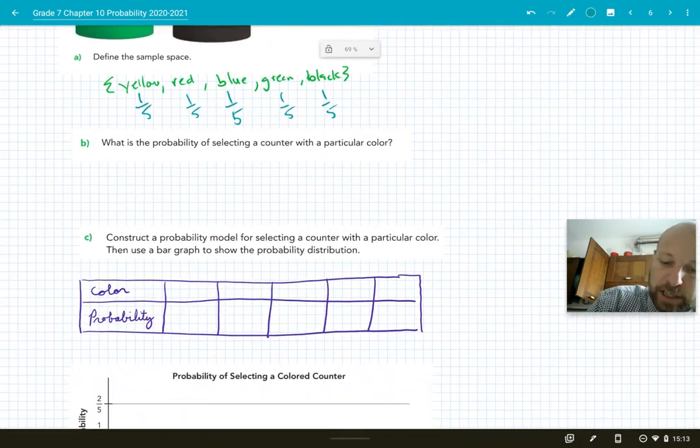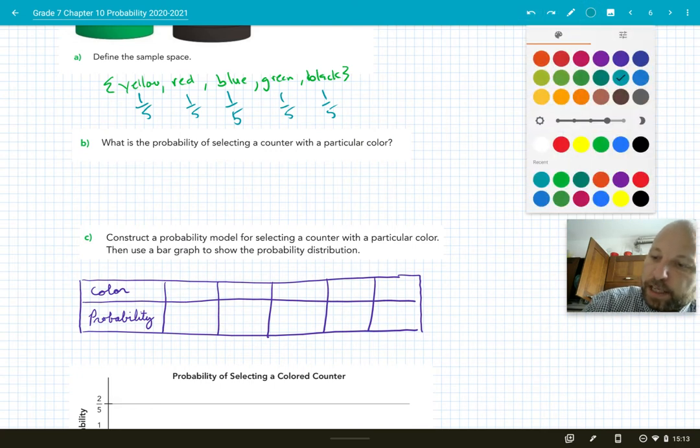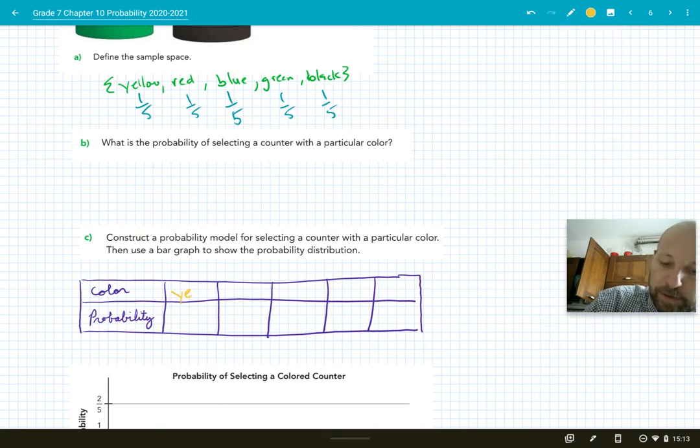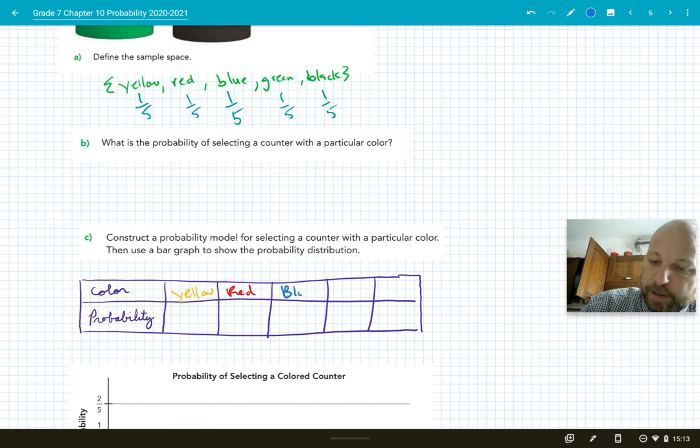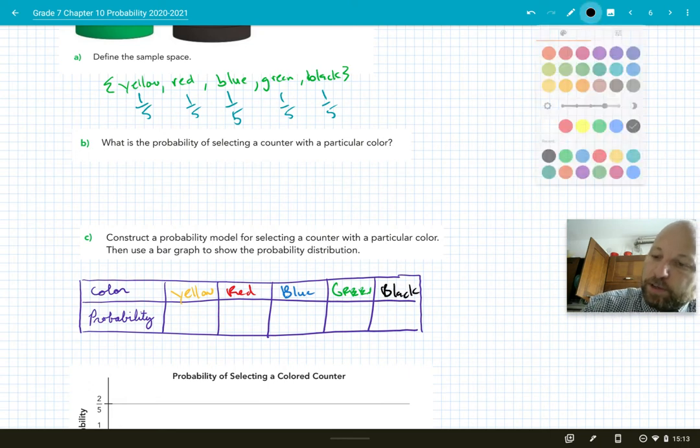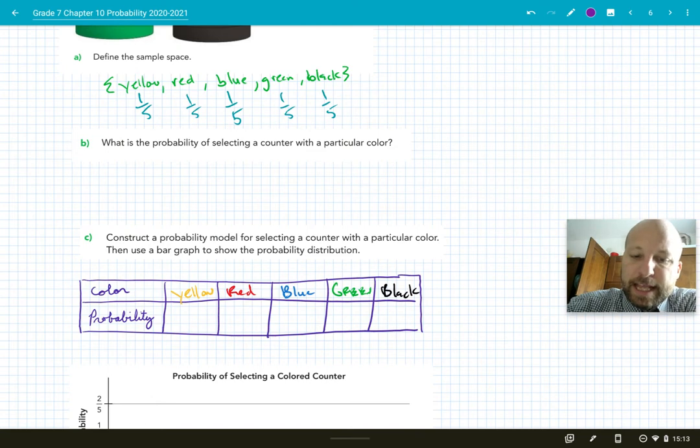So I would write the colors here: yellow, then red, then blue, then green, and then black. Now I'll use purple to write the probability.